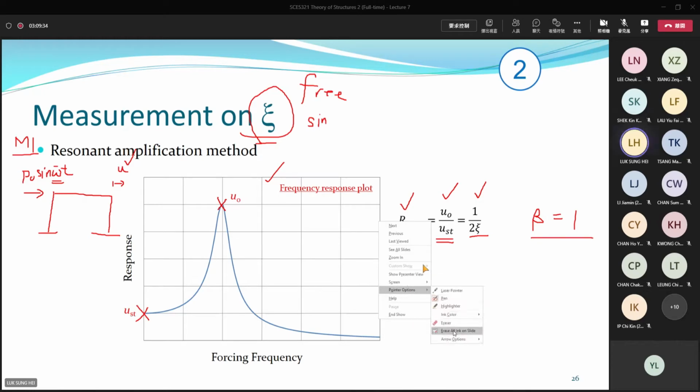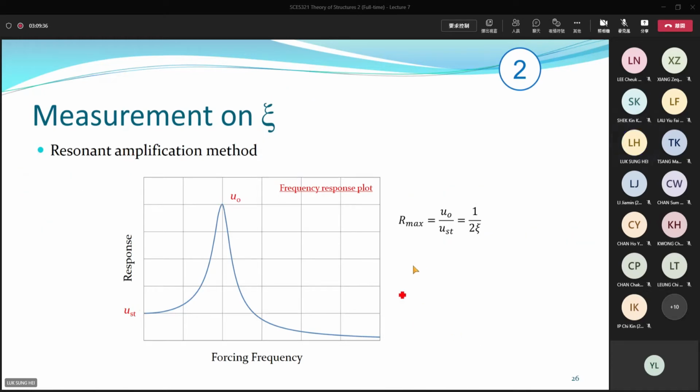So from the graph, you can find out U0 and you can find out UST. You can take the ratio to find RD obtained from the graph, and then by a little calculation, you can find out the damping ratio.